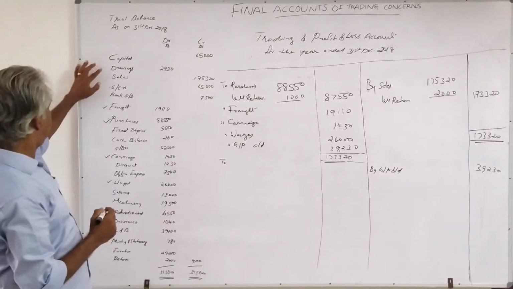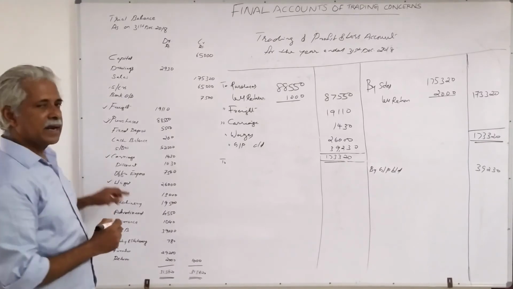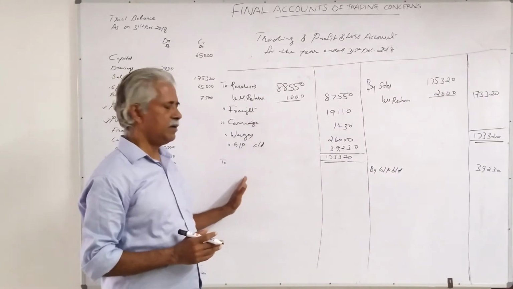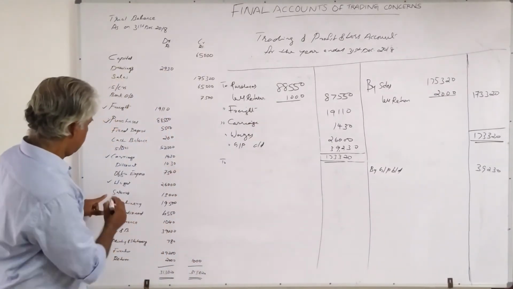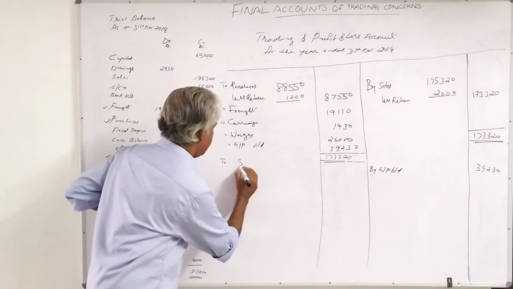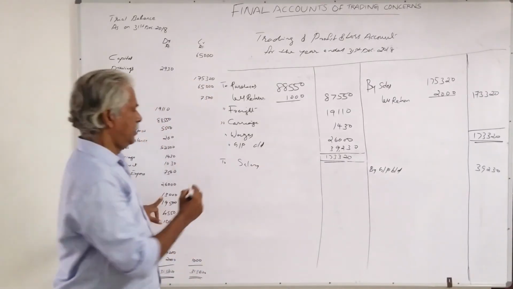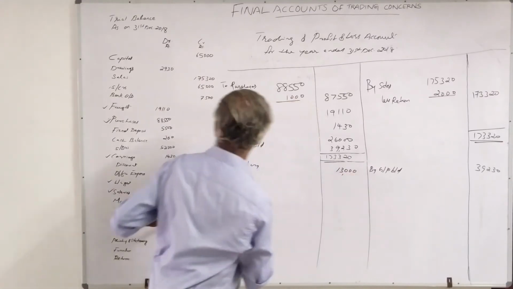Let us consider the indirect expenses. Here discount is given, but conventionally the first item that is taken in the profit and loss account is salaries, if any. Here salaries is given as rupees 13,000. That can be written as the first item in the P&L account. To salary, rupees 13,000.